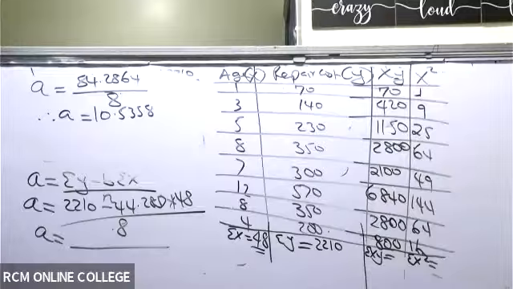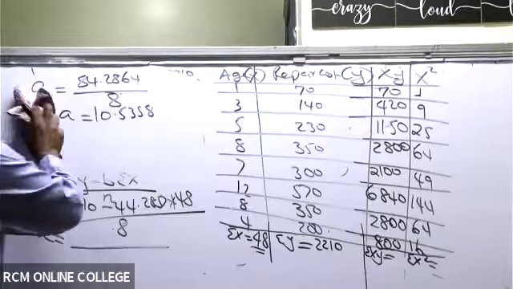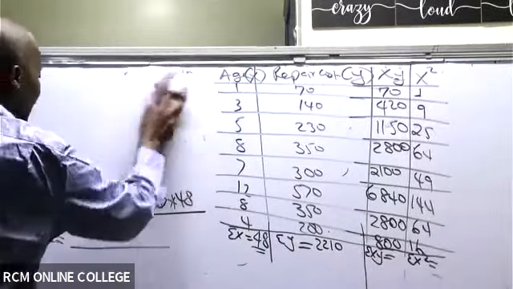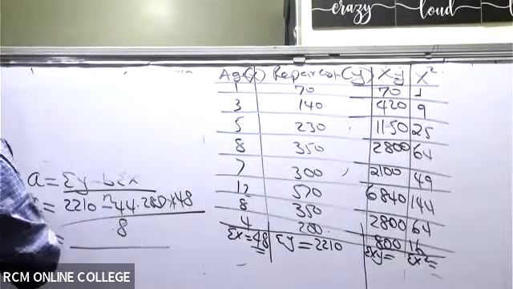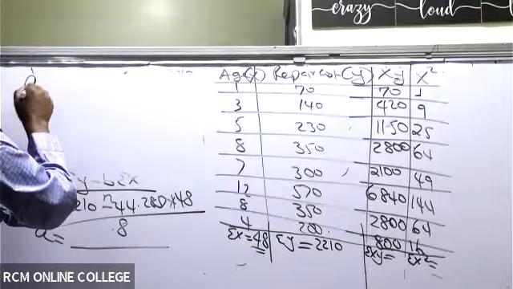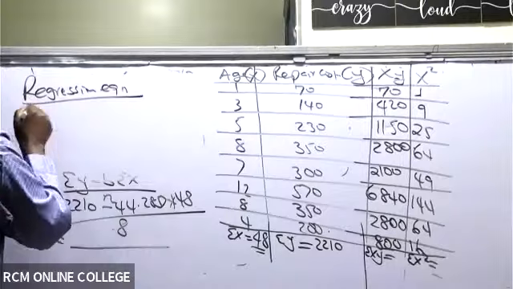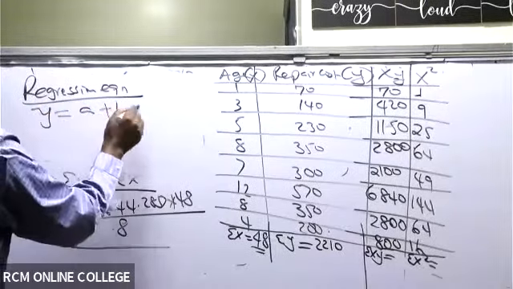All right. So ladies and gentlemen, in this case here, we should be able to write what we call the regression equation. Remember that our regression equation is y equals a plus bx.